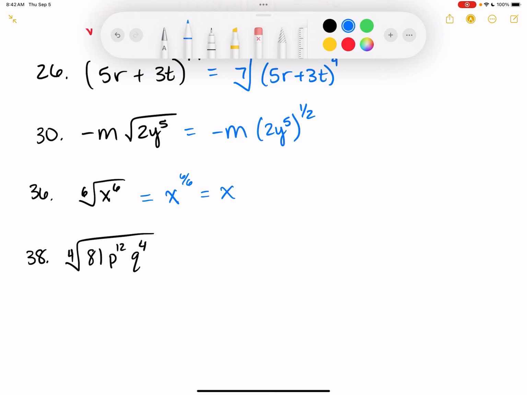But what to the 4th power, if anything, is 81? I said if any. What does 81 break into? 81, not 18.